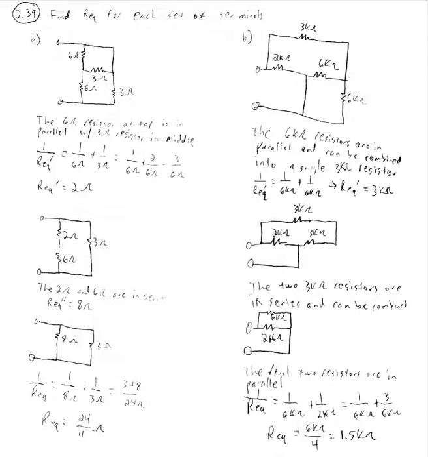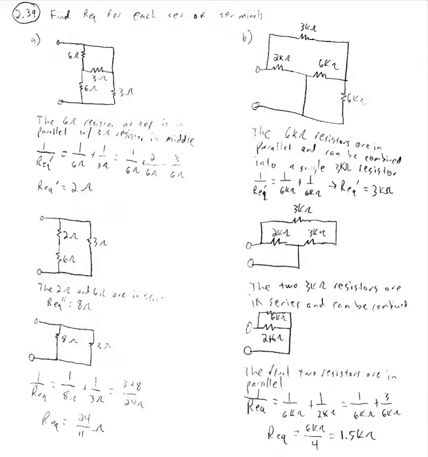And so we can find a parallel equivalent of 6 ohms and 3 ohms by saying 1 over REQ prime. I'm going to notate that as REQ prime just because it's not the same as my overall REQ. This is just an intermediate equivalent resistance that I'm computing so that I can simplify my circuit. And so I have this reciprocal relationship. 1 over REQ prime is equal to 1 over 6 ohm plus 1 over 3 ohm.